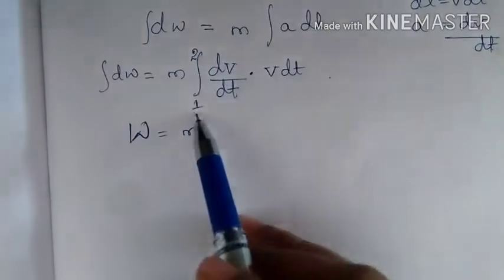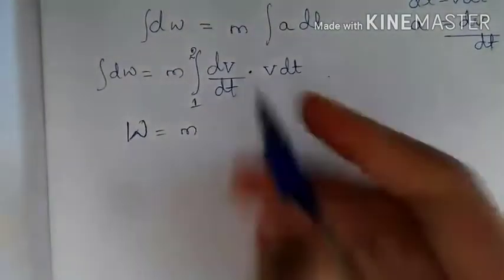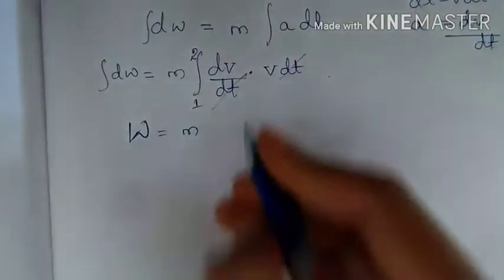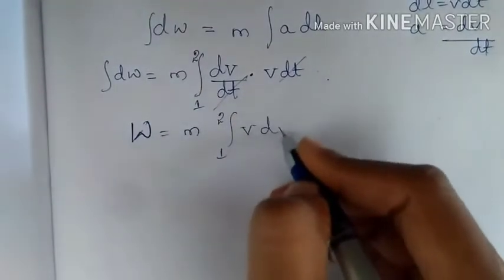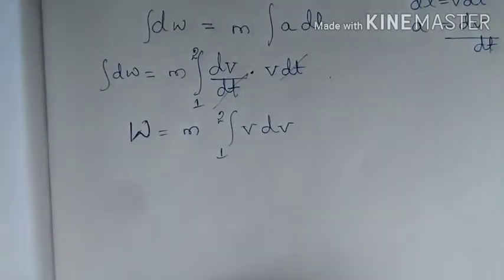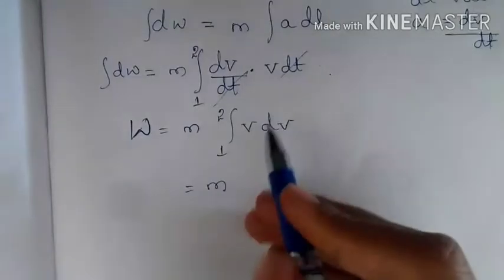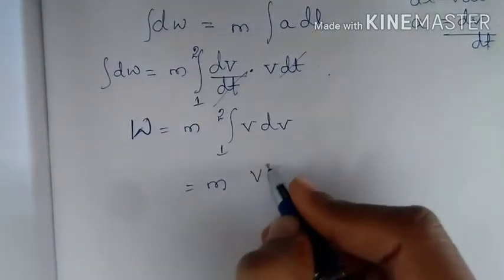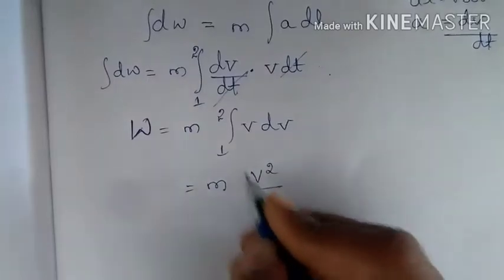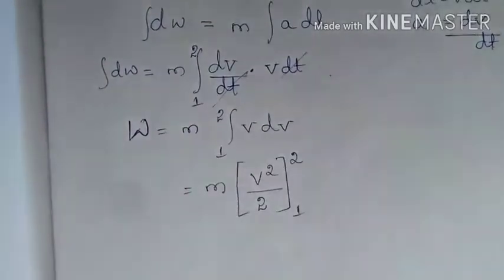So m times the integration from 1 to 2 of dv by dt times v dt. Here dt will get cancelled. What remains is v dv. So now I can write this as m times the integration of v, which is v square by 2, with limits from 1 to 2.